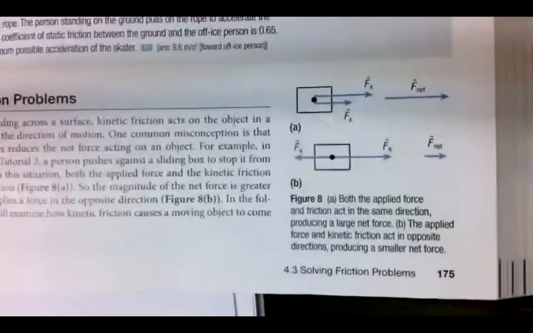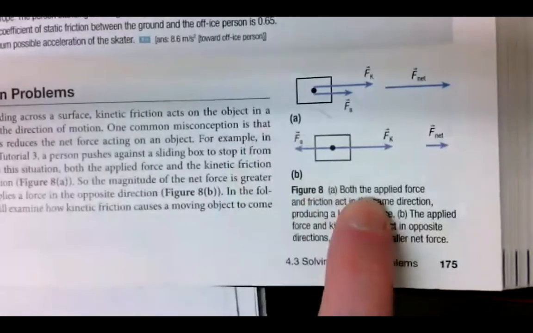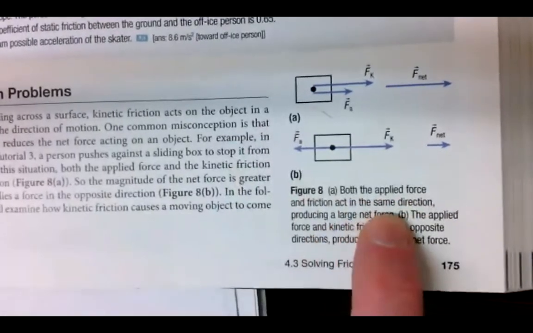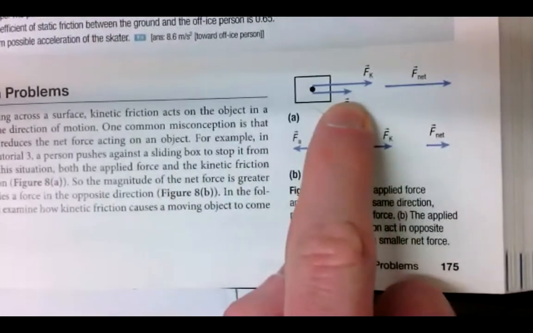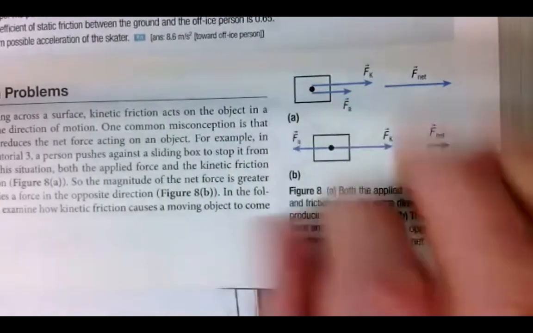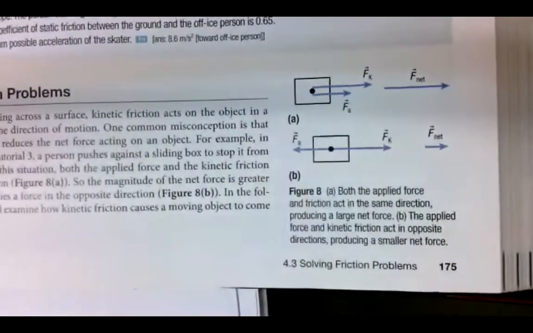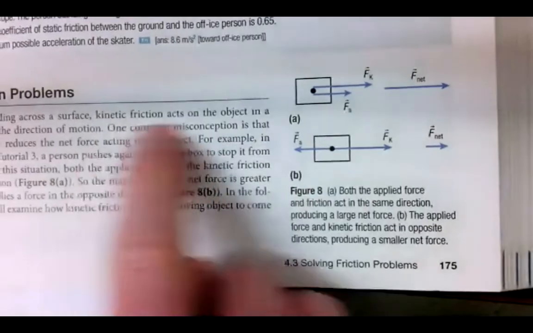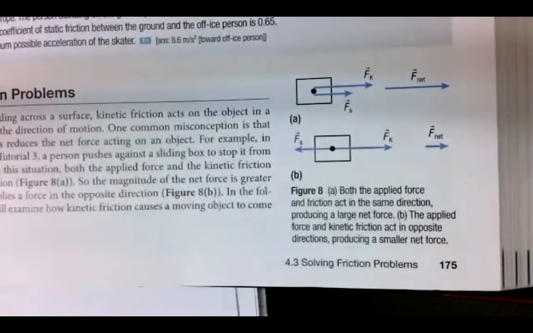Okay, so now if we're looking at this here, I think this is kind of cool because look at this part A. It says both the applied force and friction act in the same direction. And you have to think, well, what would make that happen? Imagine, I think the description is giving here, you've got a box that's sliding towards you for some reason, had some big force and it's slowing down, but it's heading towards you.